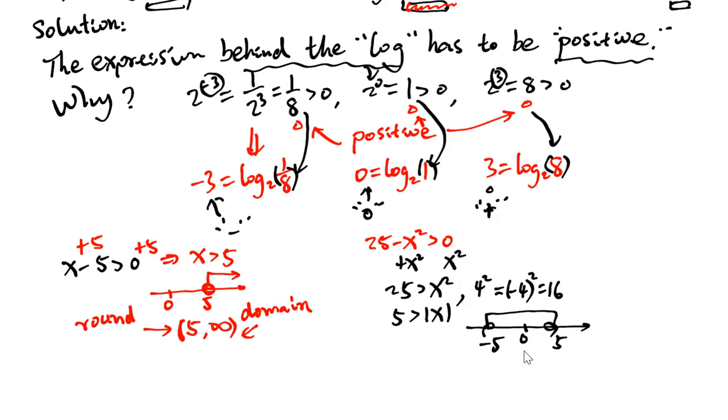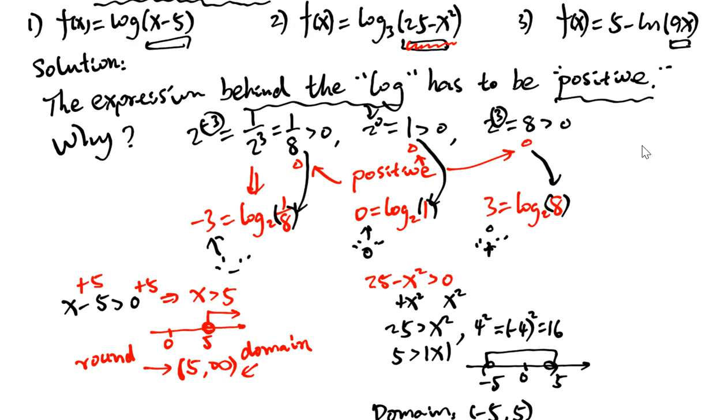So what is the domain? The domain is from negative 5 to 5. So that will be our second function.